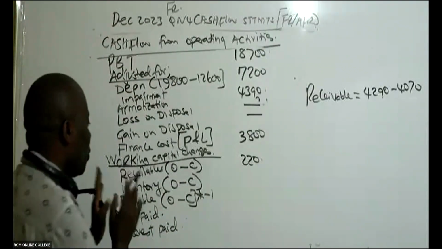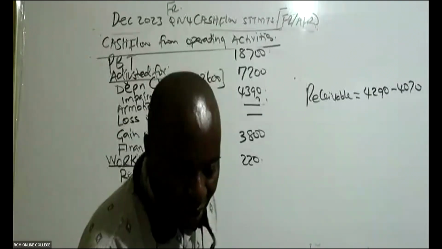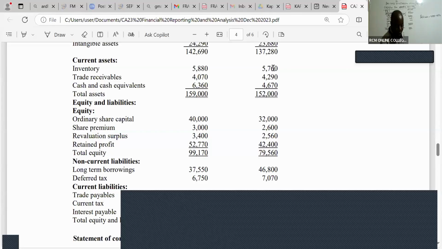Then you go to inventory, you do the same. It's a working capital change. So what do we have under inventory? We have here 5760 minus 5880.